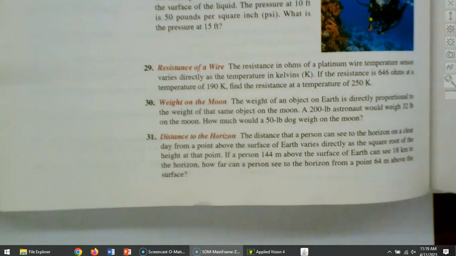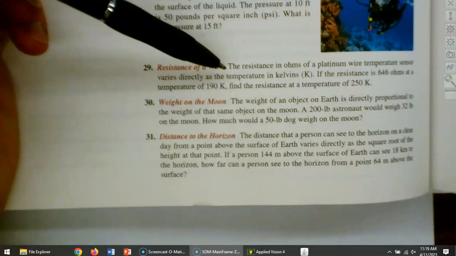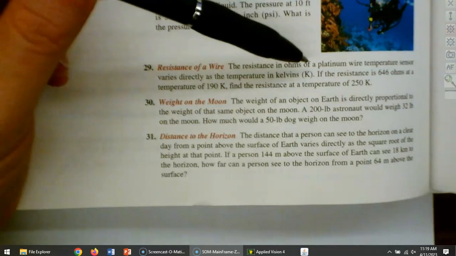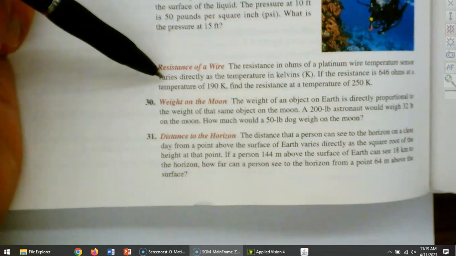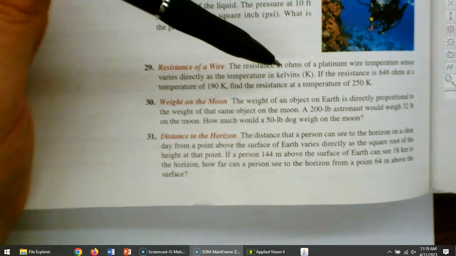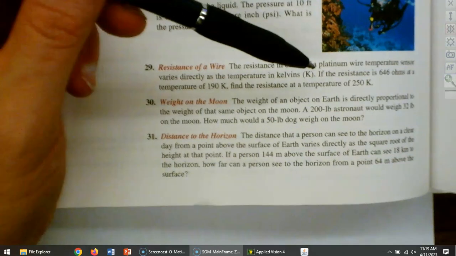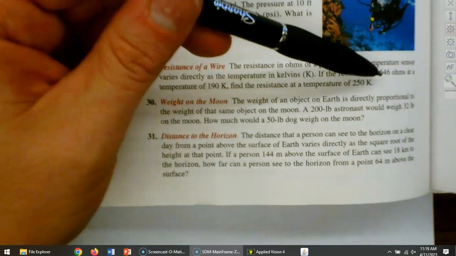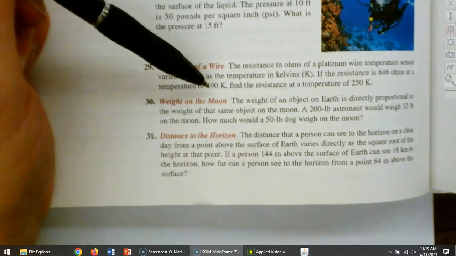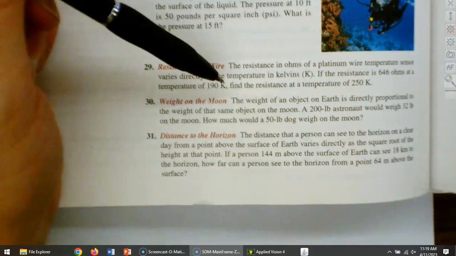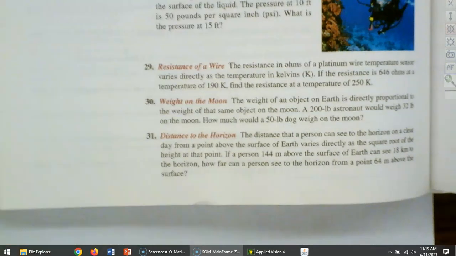Talk about the resistance of a wire. The resistance in ohms of a platinum wire temperature sensor varies directly as the temperature in kelvins. So if the resistance is 646 ohms at 190 degrees Kelvin, find the resistance at 250 degrees Kelvin.